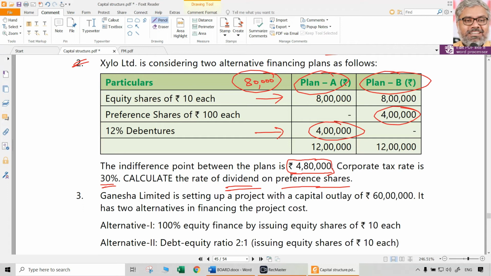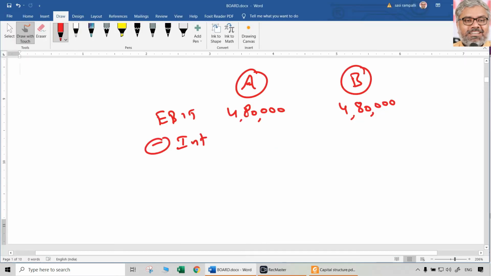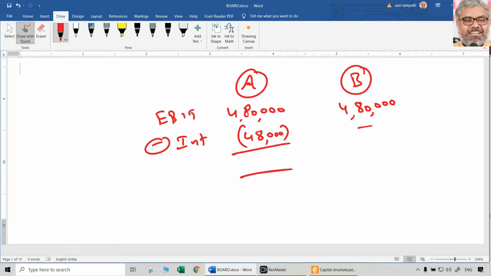Interest is there only in Plan A, 12% debentures on 4 lakhs rupees, 12% means 48,000. In second case, there will not be any interest. So what is going to be the EBT in Plan A, 4,32,000.